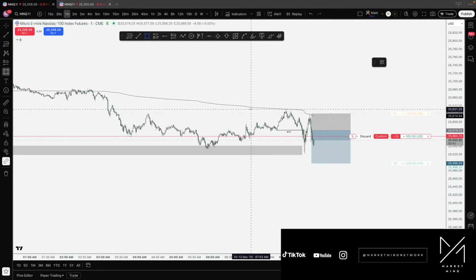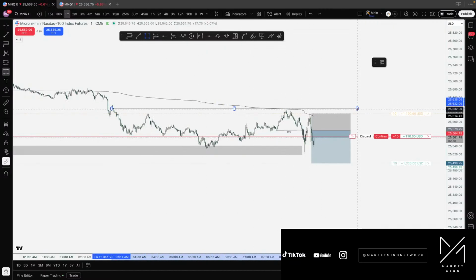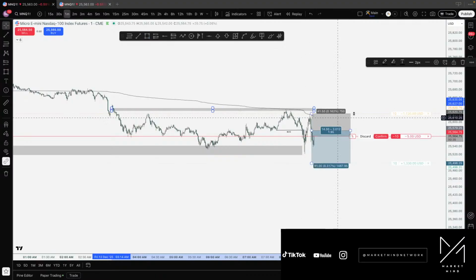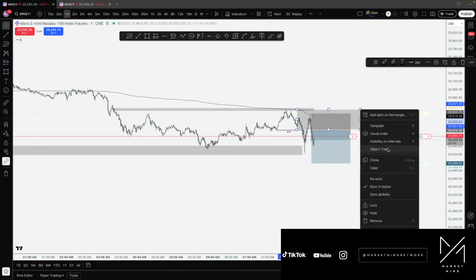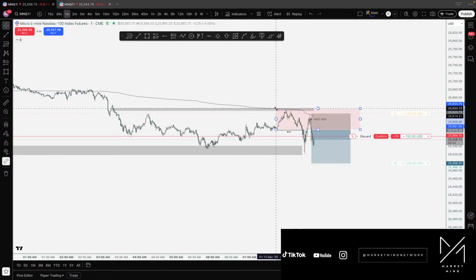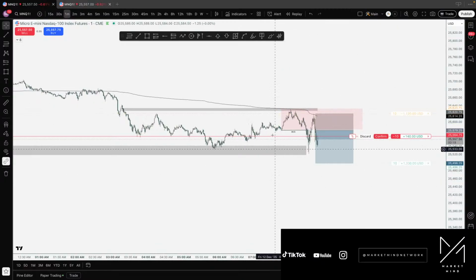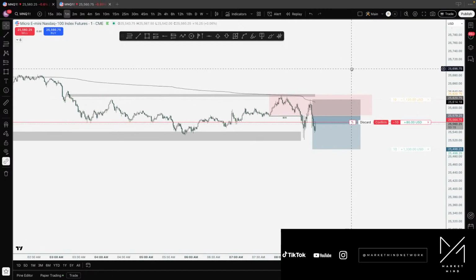It taps into supply over here, this little guy it tapped into matched with the VWAP, and then you have supply here that was created. You just gotta be patient and make sure you have your stop loss above that high. You won't be right about every trade, but it's the edge that you have to play.